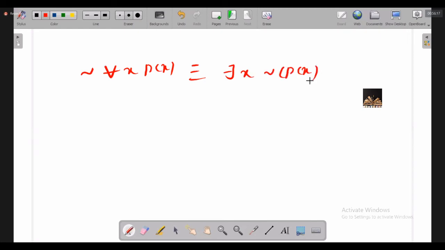Okay, note down. Negation of for all x, p of x equals there exists x, negation of p of x. And negation of there exists x, p of x equals for all x, negation of p of x. Note down.